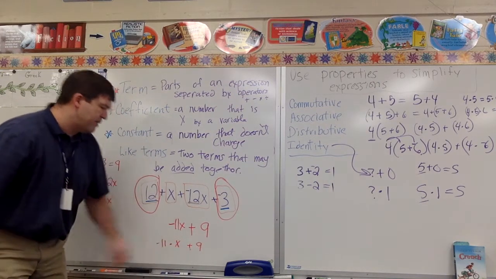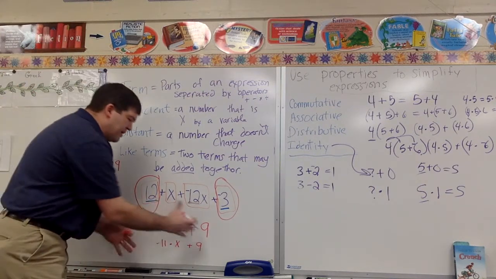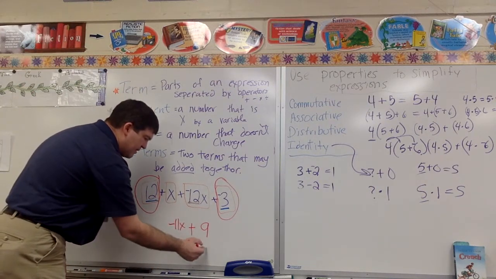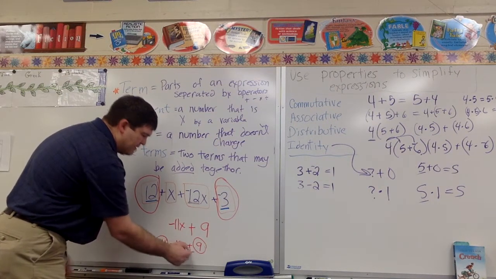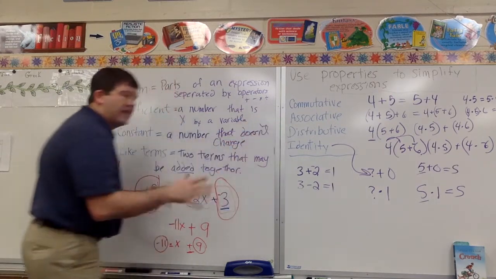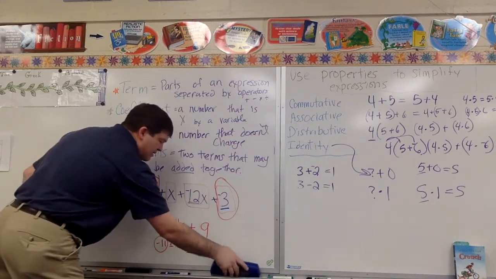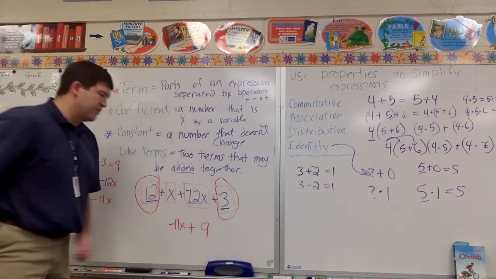I have a multiplication and an addition, so I can't just rearrange these and put different things together. I can't put this with this because this is multiplication, this is addition. I can't do the associative. I can't mix them around. So they're not like terms. This is what you get.